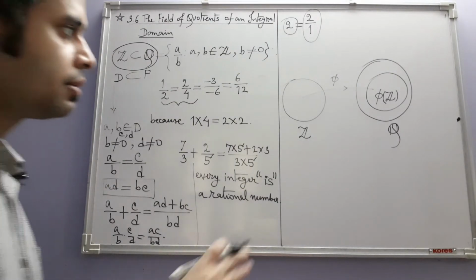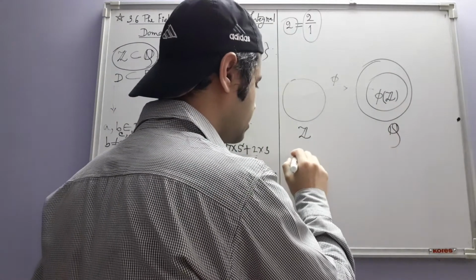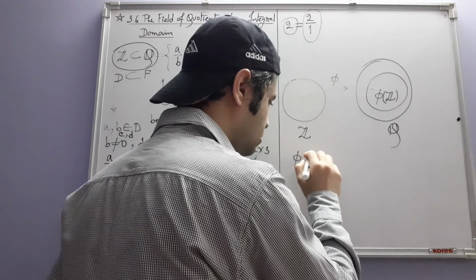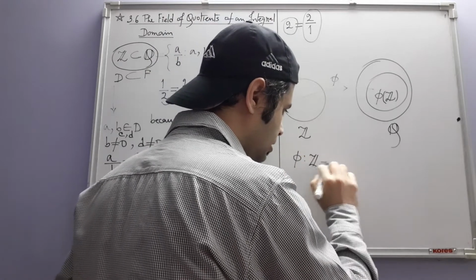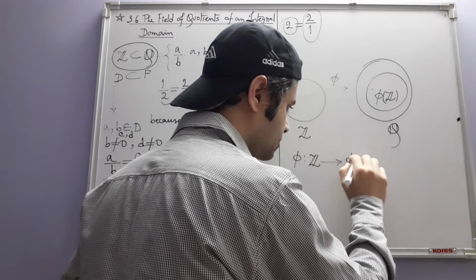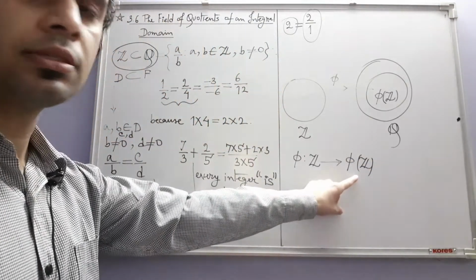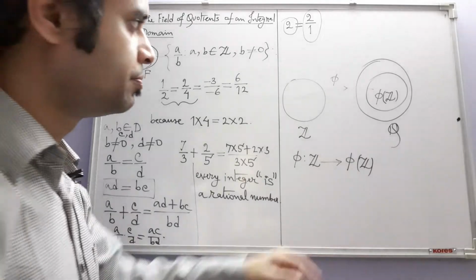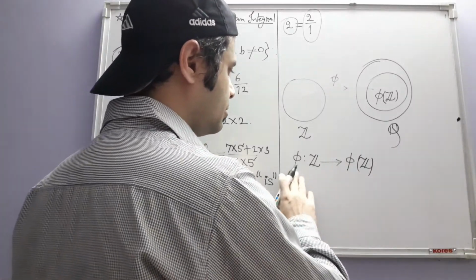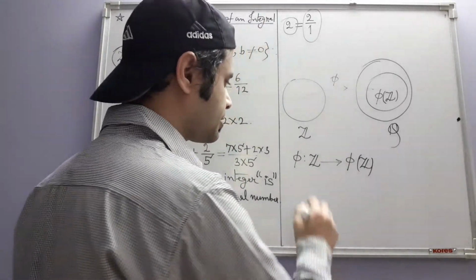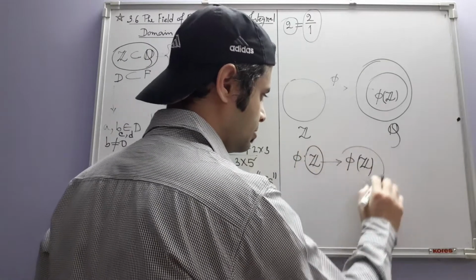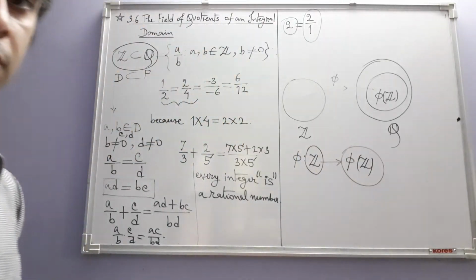Now, if we are considering this function as a function with domain z and range phi of z, then it becomes bijective naturally, because now it is surjective onto, and that automatically tells us that these two rings are isomorphic.